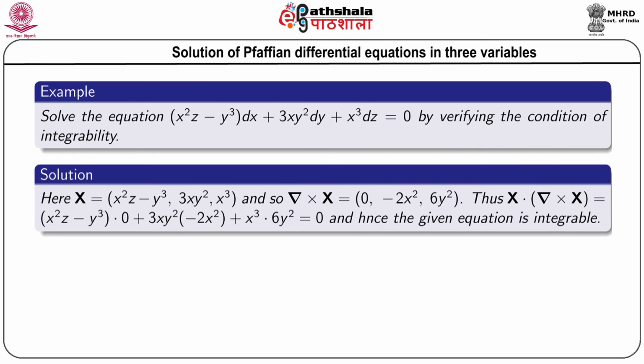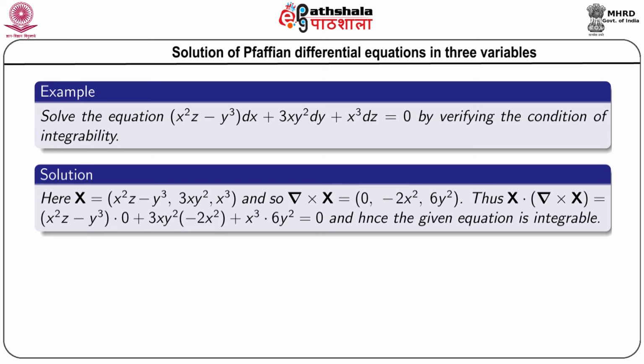We shall take one example to illustrate the idea of a homogeneous equation. This is a homogeneous equation in x, y, z, and it is of degree 3. Here, capital X is (x²z − y³, 3xy², x³). So, curl X equals this, and X dot curl X after simplification is 0.